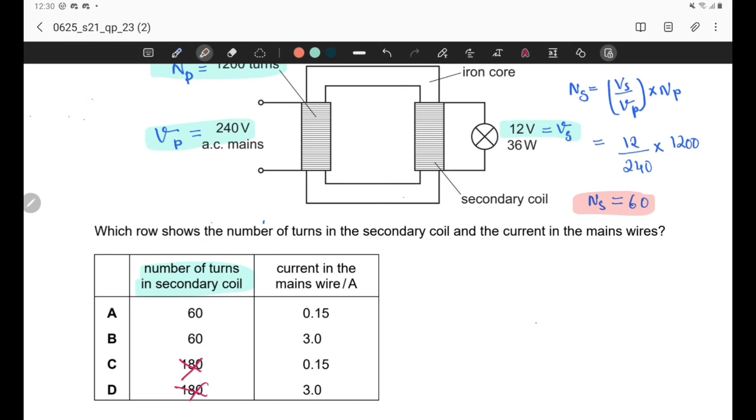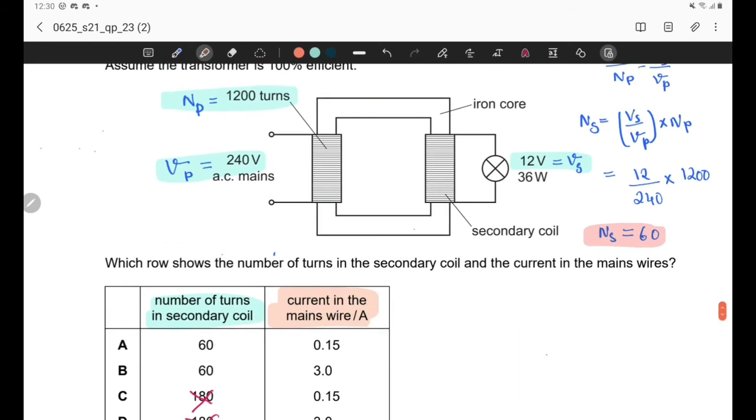Next we need to calculate the current in the mains wires. The mains is at the primary, as it is already mentioned. The AC mains lies at the primary terminals of the transformer. So here we need to find what is the current flowing through this mains coil, the coil at the primary terminals.